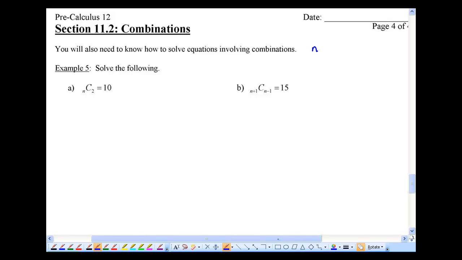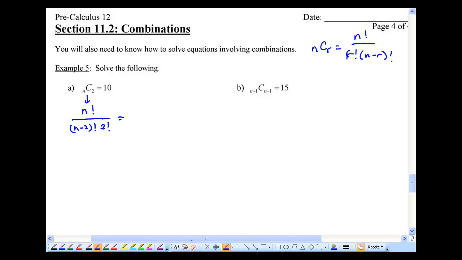So recall nCr equals n factorial over r factorial times n minus r factorial. So first one, I guess I'll rewrite nC2: n factorial over 2 factorial times n minus 2 factorial. Oops, it doesn't matter, order doesn't matter.